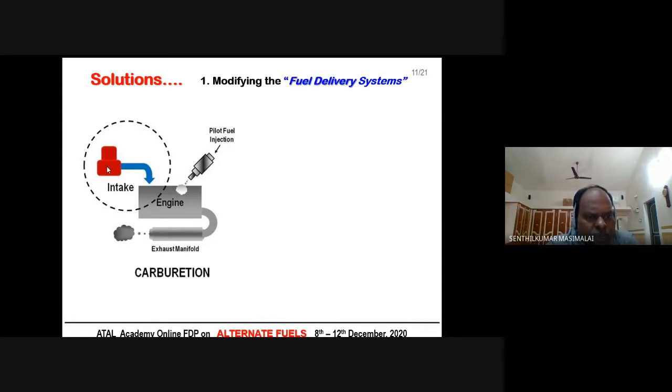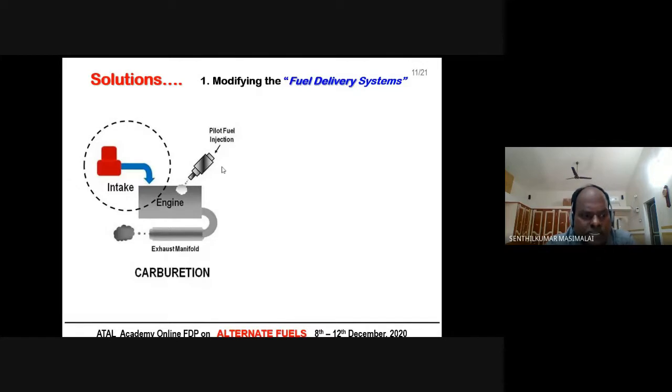Or you can simply make a small hole on the intake manifold and fix a small tube or probe. Through the probe, you can supply hydrogen. This is the simple way of supplying hydrogen, or by using a gas carburetor, without any sophisticated equipment.